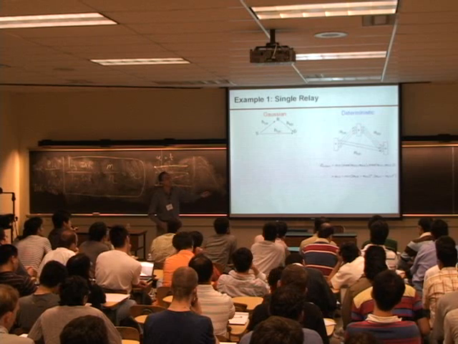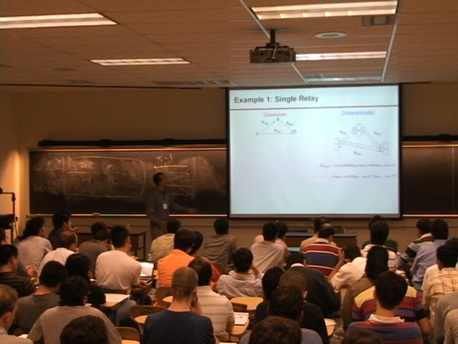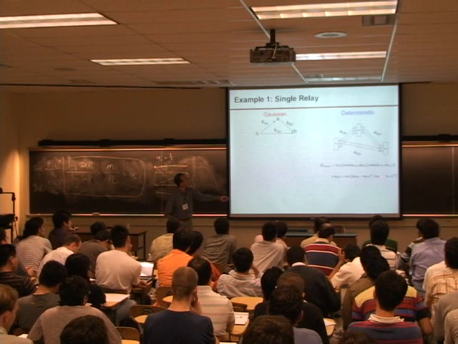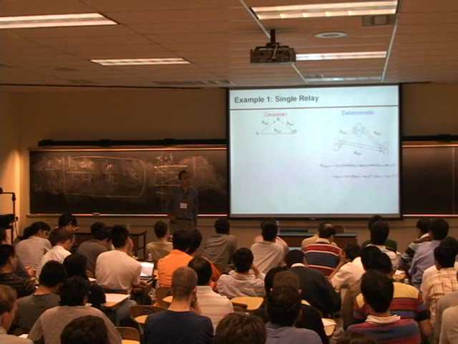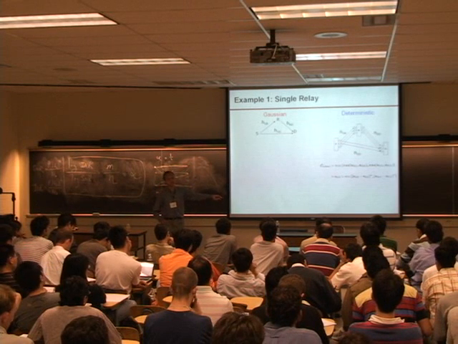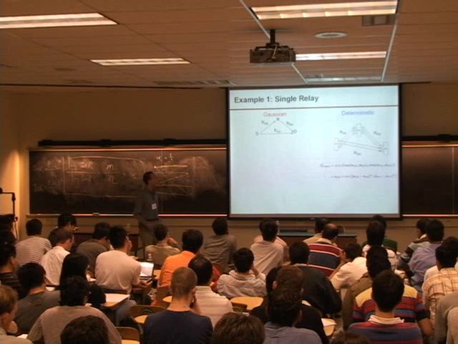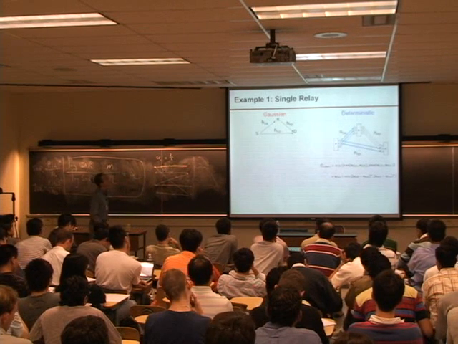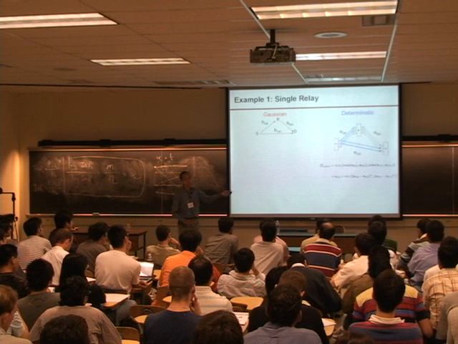The relay is too weak. The pipes are too narrow for them to help out. However, if both NSR and NRD are greater than the direct link NSD, then the relay starts becoming useful. The relay can potentially, at least in the Cutset bound, carry this extra information. Let's see how we can actually achieve it. Okay? So this is NSD, the blue.